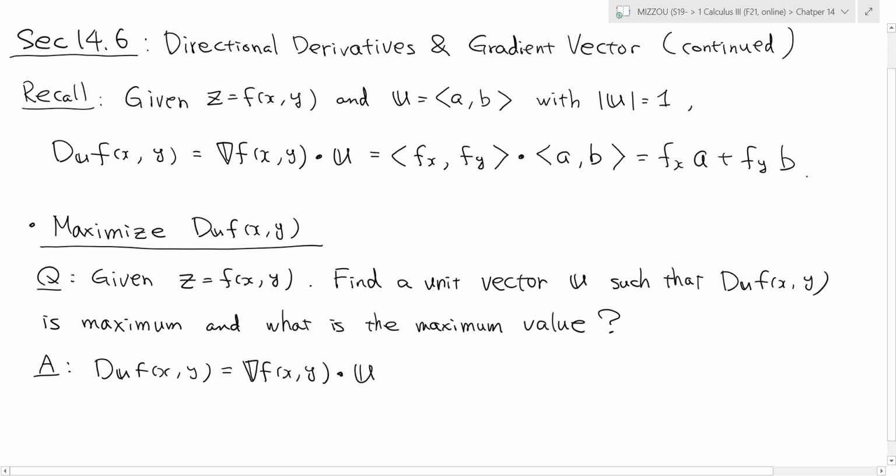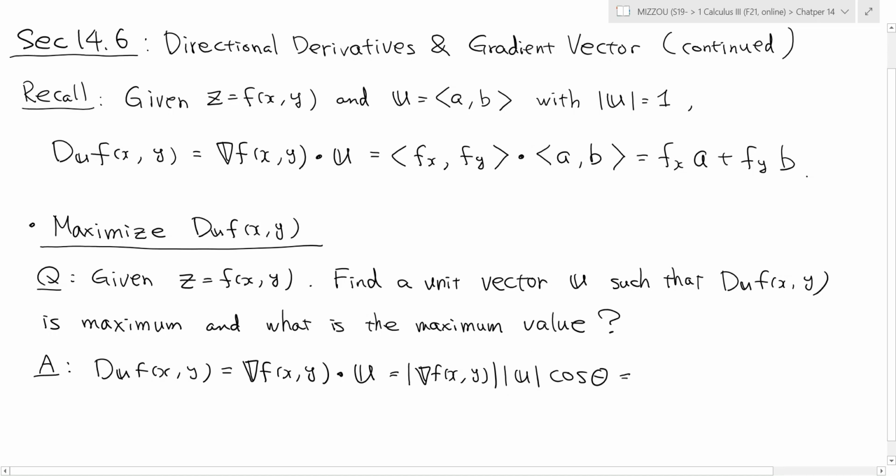And of course, the dot product is computed in this way, but there is another way of computing the dot product, namely the magnitude of the first vector times the magnitude of the second vector times cosine theta. That is another way of expressing a dot product, where theta is the angle between those two vectors. And now what is this? Well, u is a unit vector, so the magnitude of u is 1.